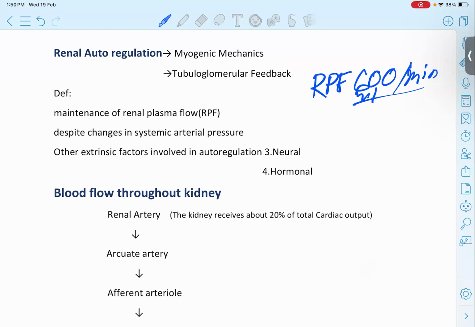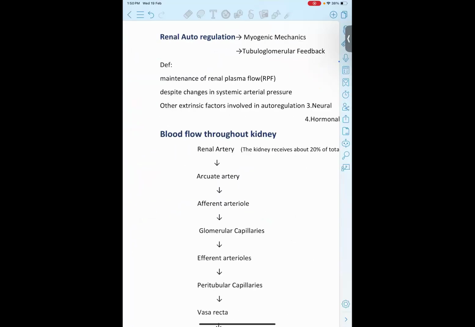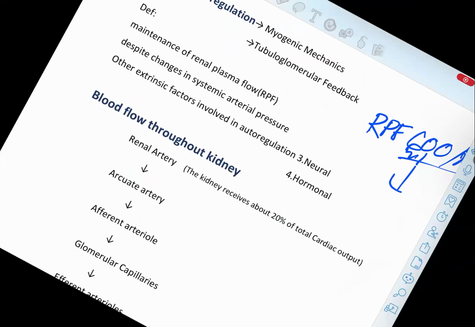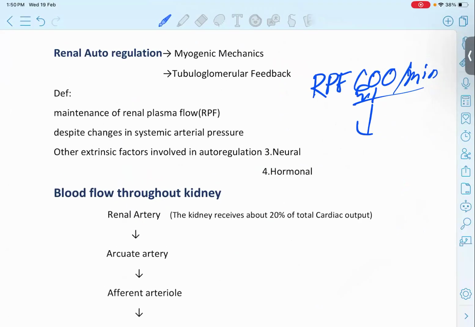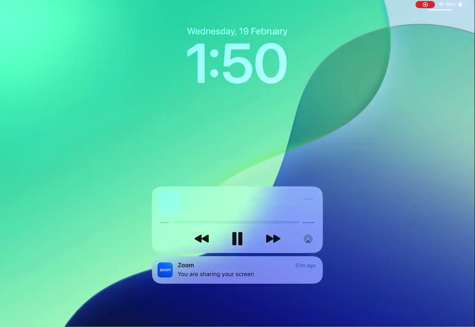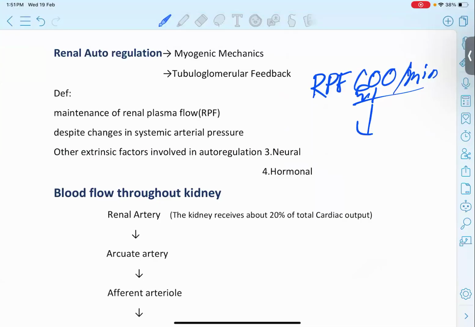So this maintenance of renal plasma flow, if it is dropping for some reason, suppose a person has a condition like hypovolemia or shock.